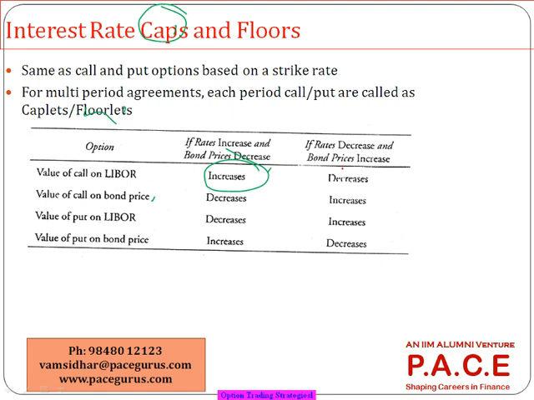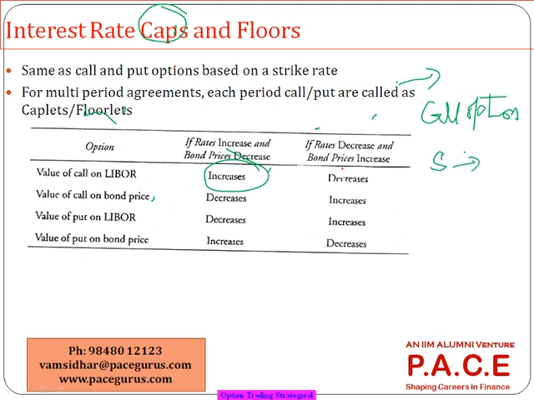if the interest rates in the market are increasing, the call option will have more demand. It's as good as saying probably the market price is increasing. If the market price is increasing, the call option premium also increases.